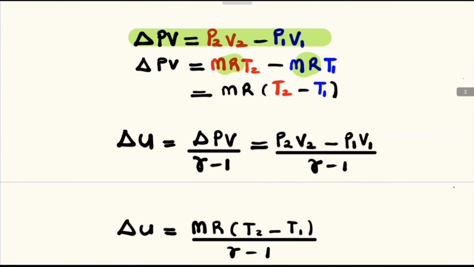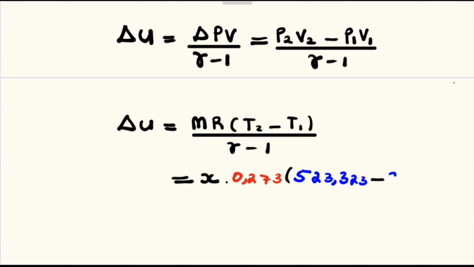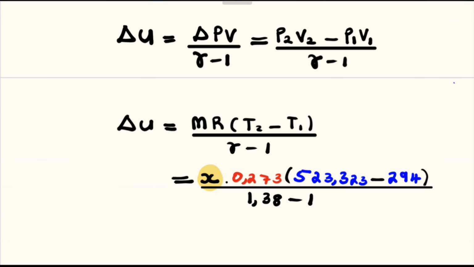So in the place of the T1, we substitute 294, and the gamma, we determine as equal to 1,38 minus 1. So we have to determine the X, and we are going to use the formula PV is equal to MRT.